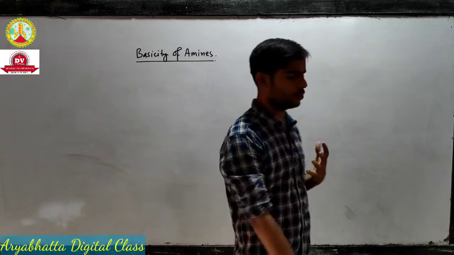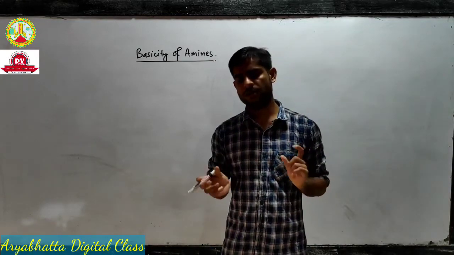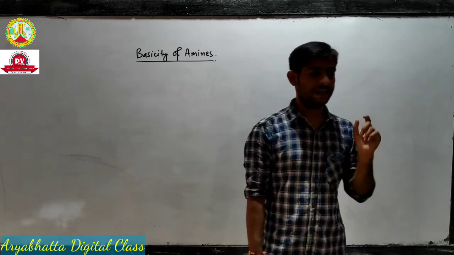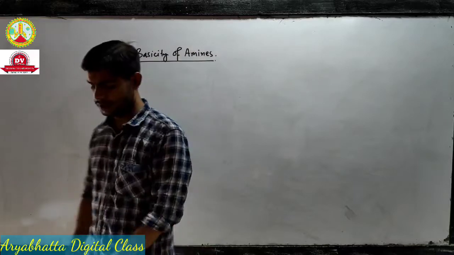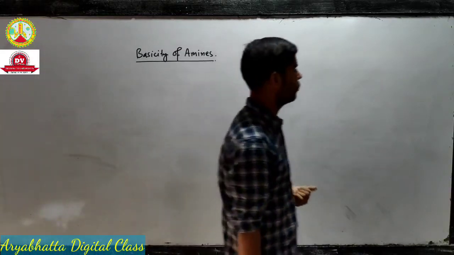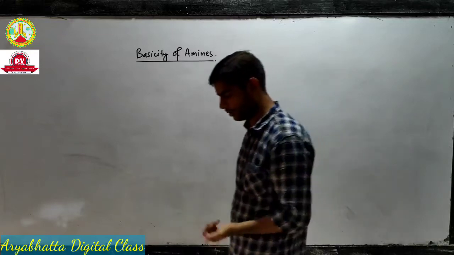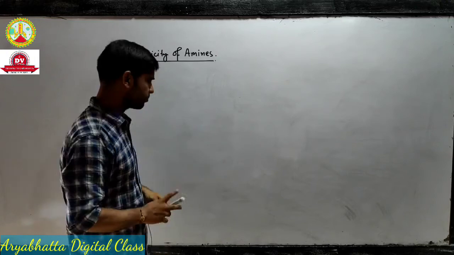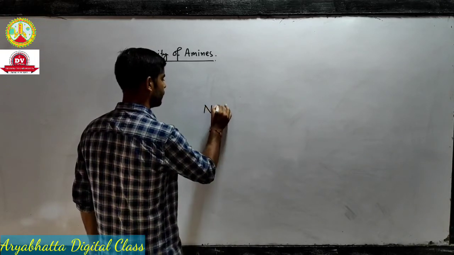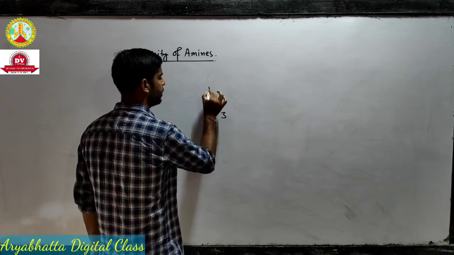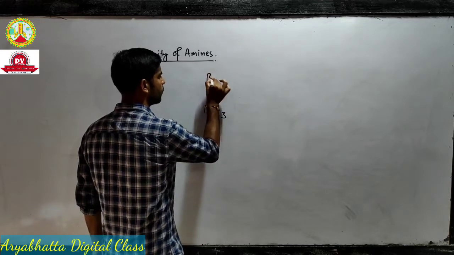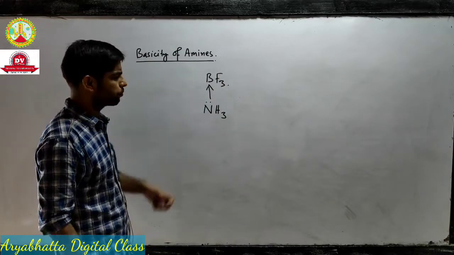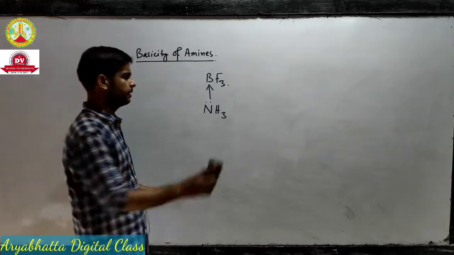We have seen substitution versus elimination, and that the presence of a lone pair or a negative charge makes something a stronger base or stronger nucleophile. A base can remove hydrogen. So this is what ammonia can do. Ammonia has a lone pair and it can donate this pair to any molecule and act as a base.